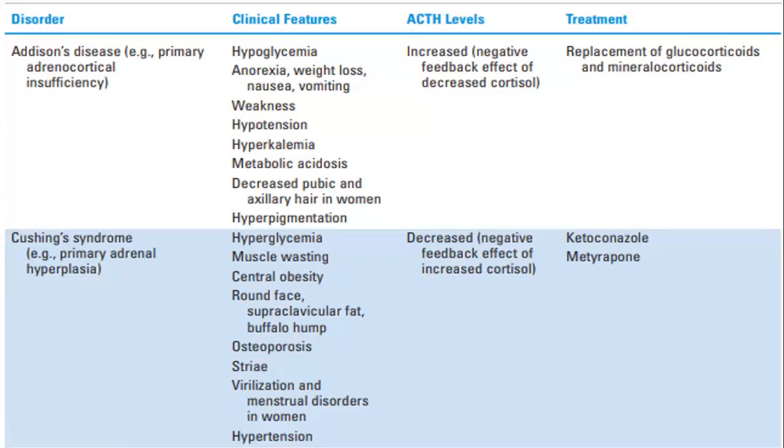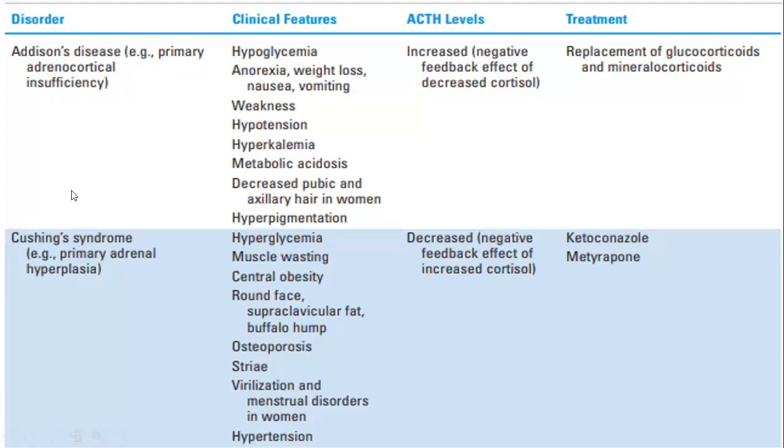Now, another pathophysiology characteristic of your adrenal cortex is when there is adrenocortical excess. A good example of a disorder characterized by adrenocortical excess is your Cushing syndrome.